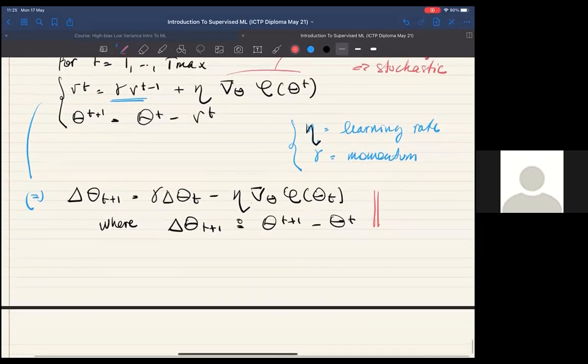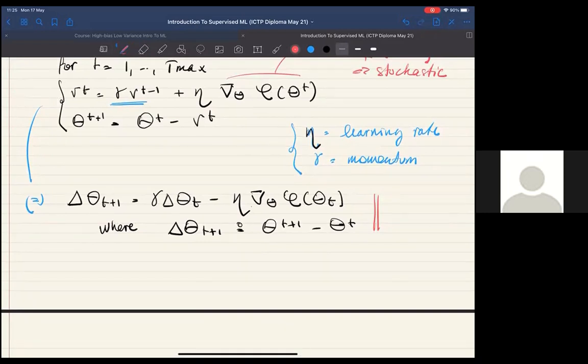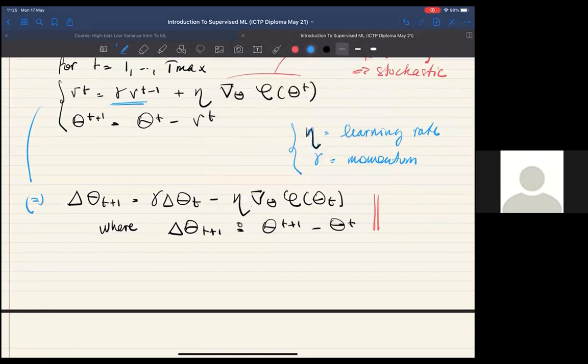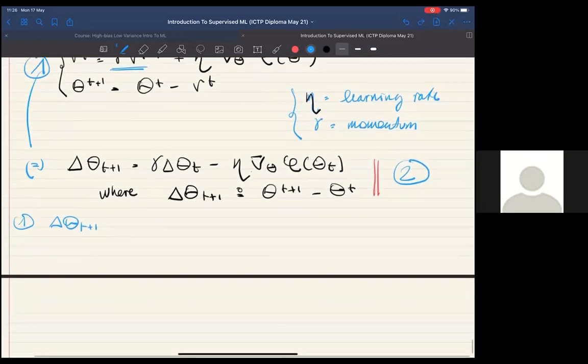The way I see it is by just checking, okay? So let's see. From, let's say, the set of equations 1, and this is what we call the set of equations 2. So 1 implies what? That delta t plus 1, which by definition is theta t plus 1 minus theta t, gives us what?